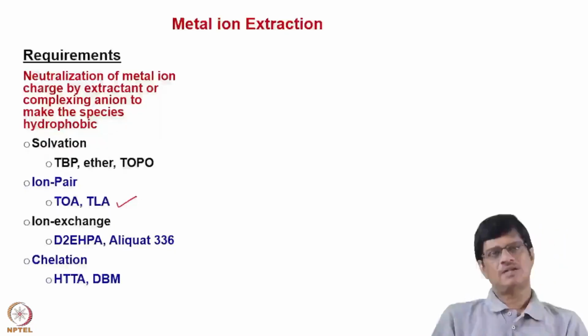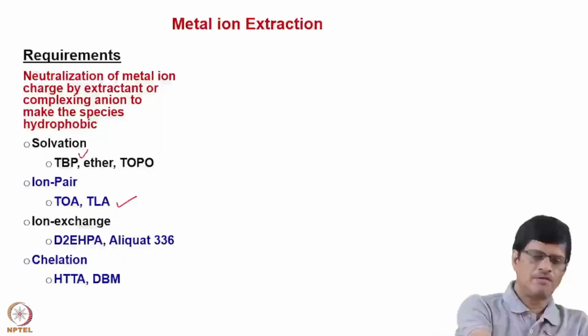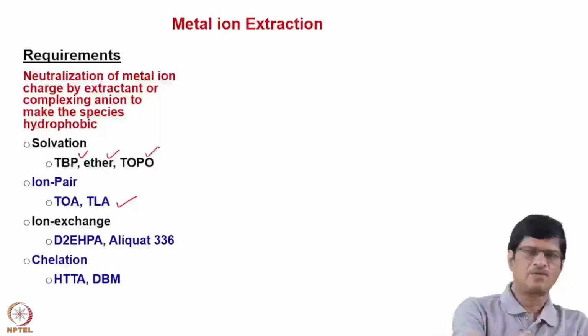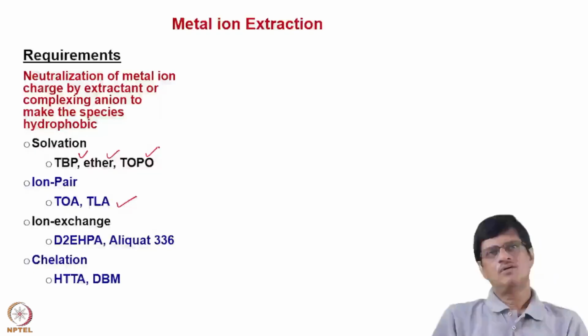The neutral extractants can be TBP, diethyl ether, or trioctyl phosphine oxide. In those cases, you necessarily need a counter anion, that is the nitrate ion, which can form a charge neutralized complex along with these neutral donor ligands. And that is how the extraction is done.